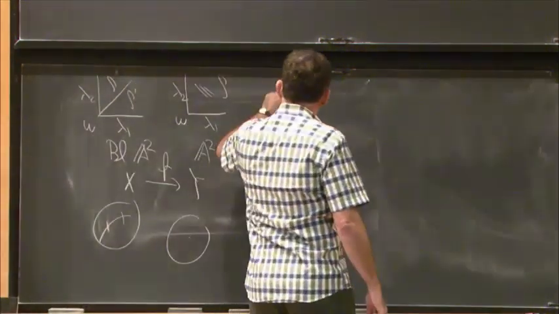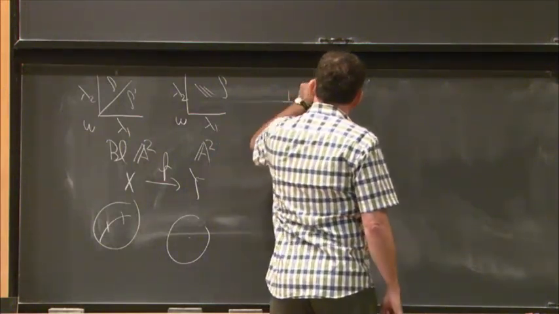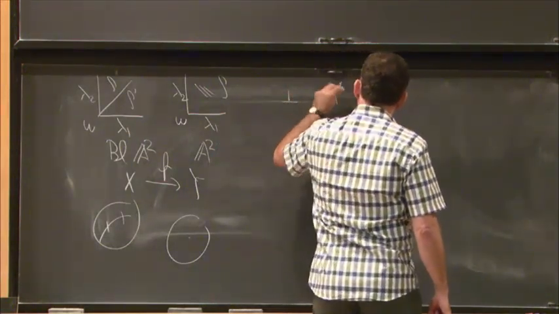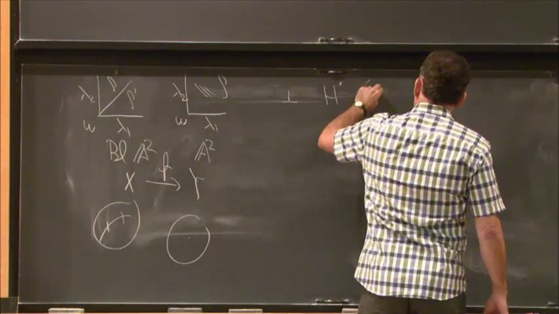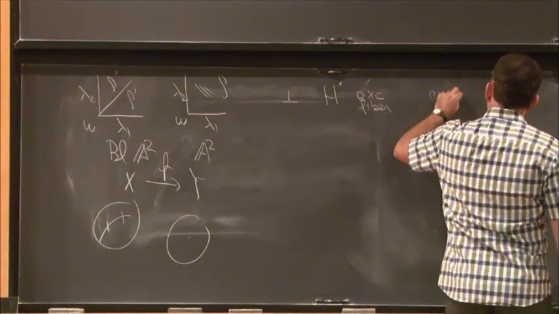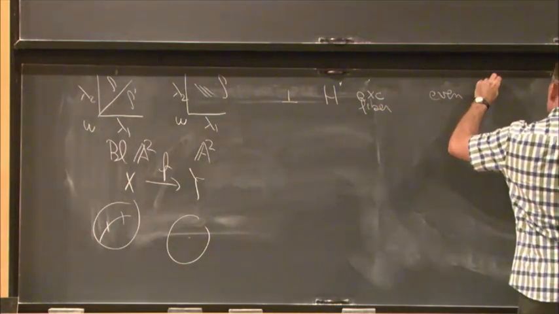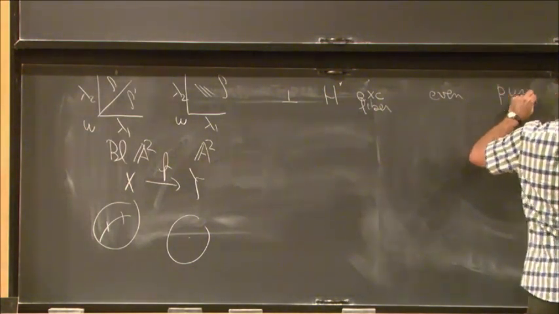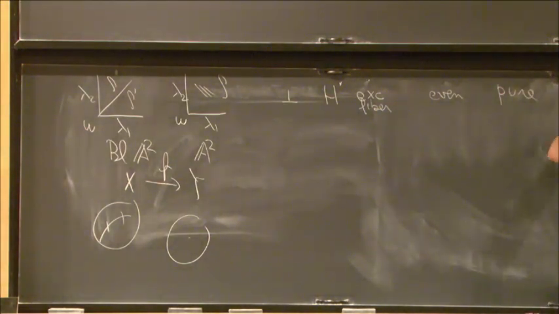And we have three simple facts. One, the cohomology of the exceptional fiber is even, pure, and combinatorial.